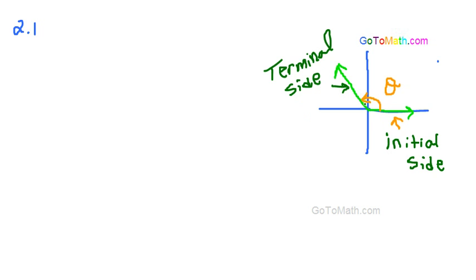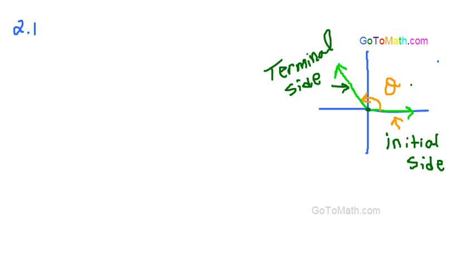Alright, and it is in standard position. Standard position means they both meet up at the origin, and this vector here, the initial side, is along the positive x-axis.